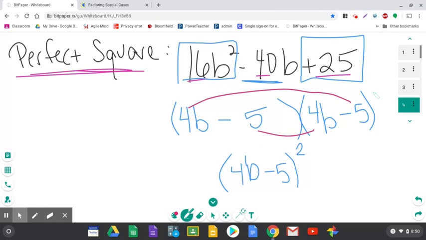So 4b times negative 5 is negative 20, and negative 5 times 4b is also negative 20. So negative 20 and negative 20 gives us this negative 40 in the middle. Okay, so really what you're doing is you're just multiplying the two pieces together and doubling it. So 4 times negative 5 is negative 20, and if you double it, that's how you get the negative 40. Okay.